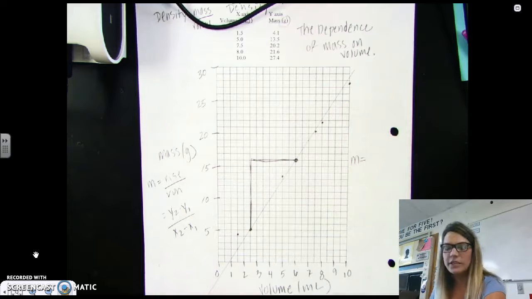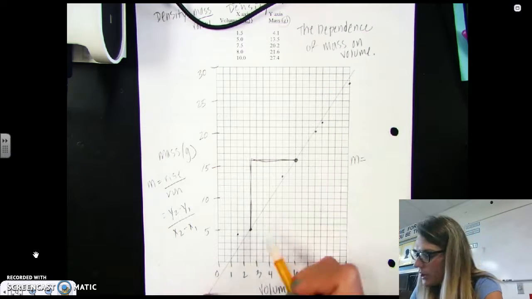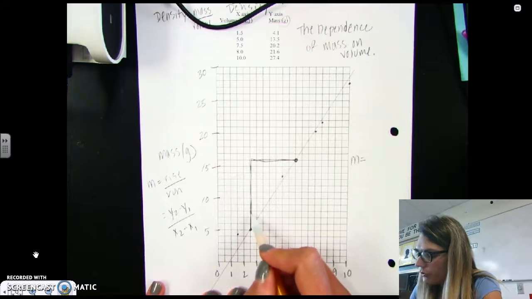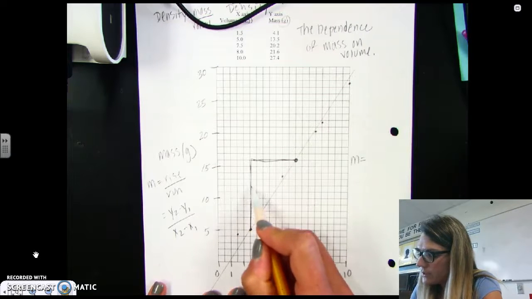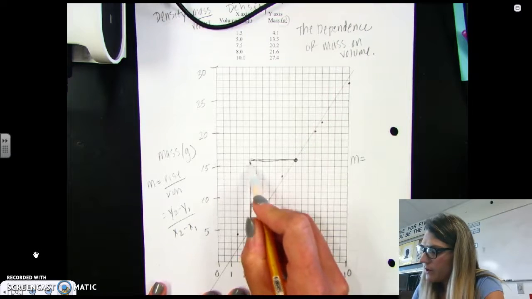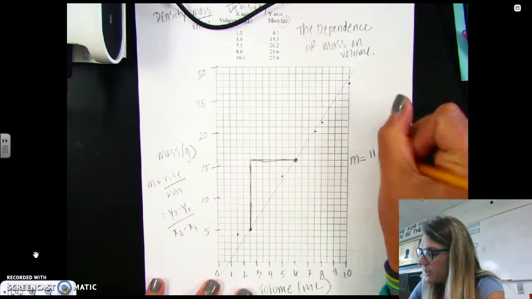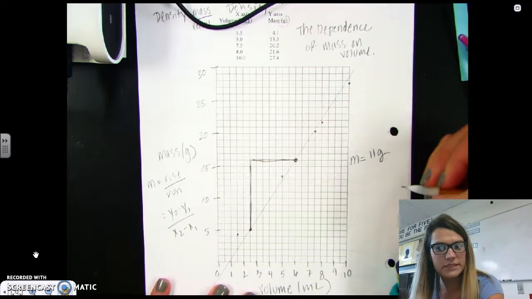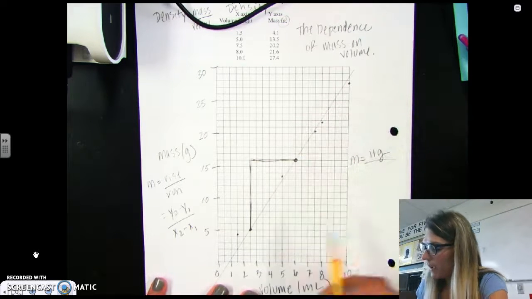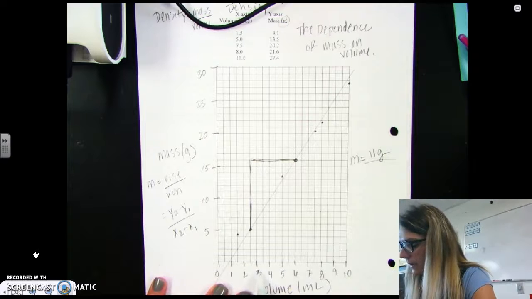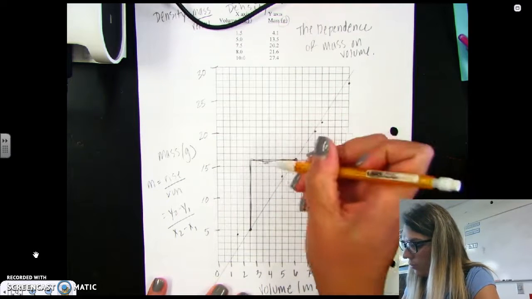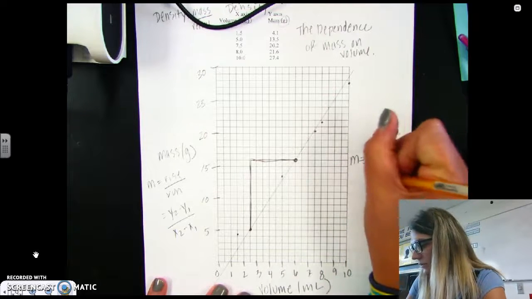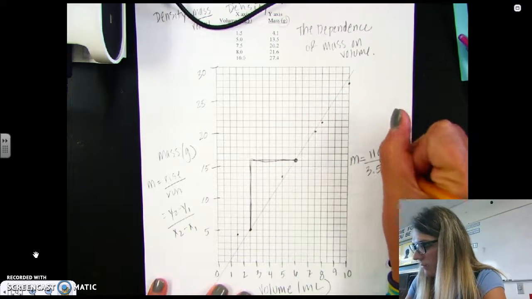All right, so now let's do rise over run first. Notice that these go up by ones, so I'm going to have 1, 2, 3, 4, 5, 6, 7, 8, 9, 10, 11 as my rise, specifically 11 grams, because that's the unit, divided by my run, and these are going up by 0.5, so this is 3.5 milliliters.